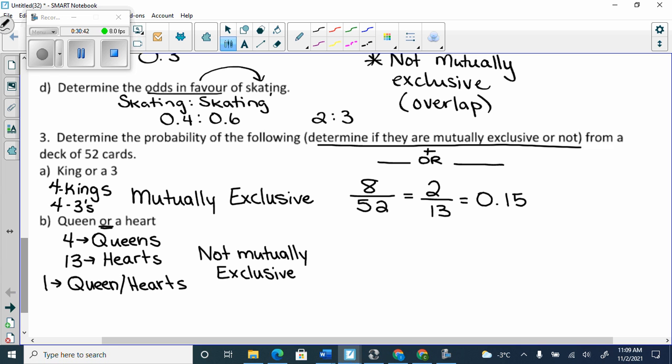Watch. So queens, 4 out of 52. We agree? Hearts. What's hearts? 13 out of 52. What's the overlap? 1 out of 52. So how many is that out of 52? 16. You got it.